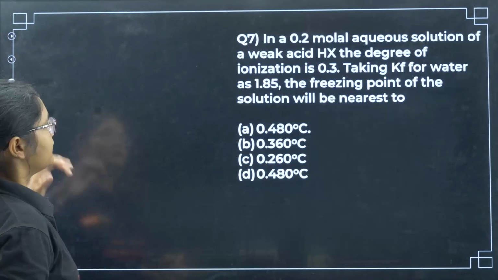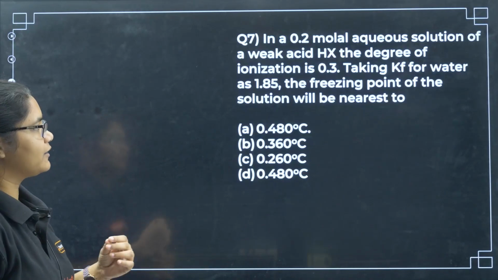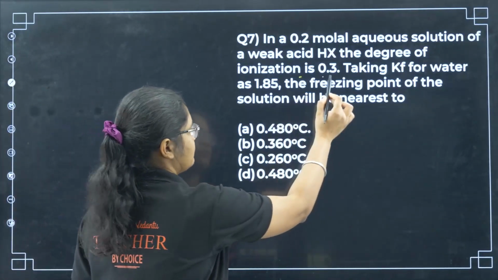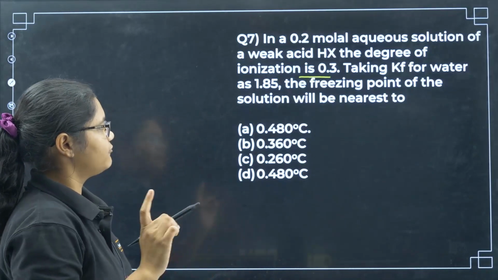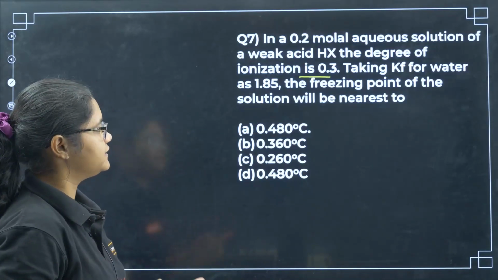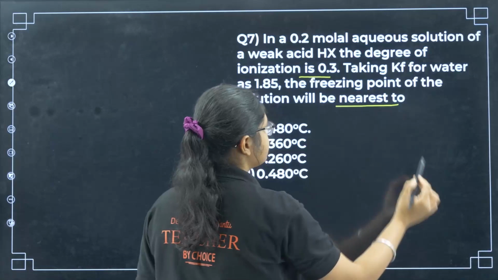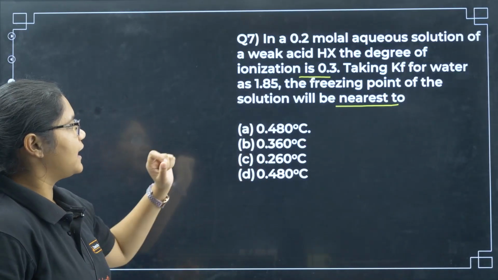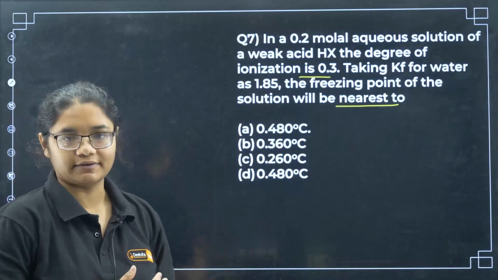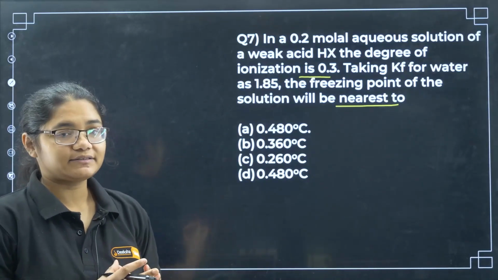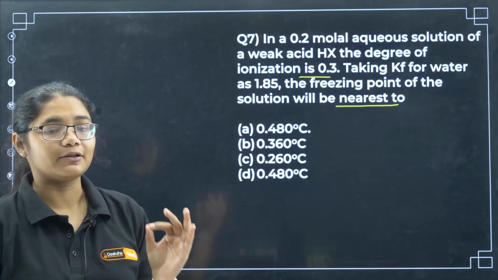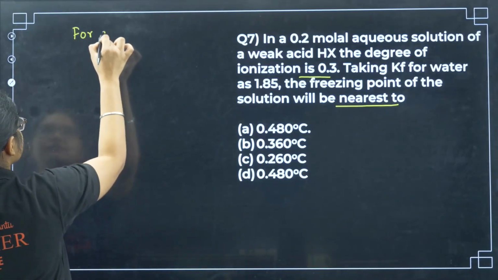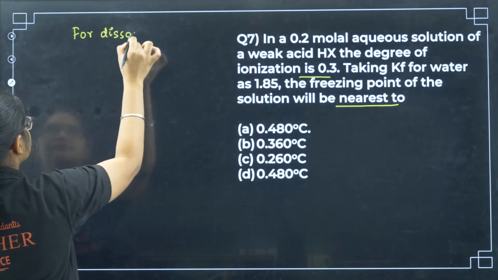Next, in a 0.2 molal aqueous solution of a weak acid HX, the degree of ionization is 0.3. Taking Kf for water as 1.85, the freezing point of the solution will be nearest to. So here we have something related to Van't Hoff factor. The degree of ionization is given, so from there I can calculate the Van't Hoff factor. You can compare ionization with dissociation, right?